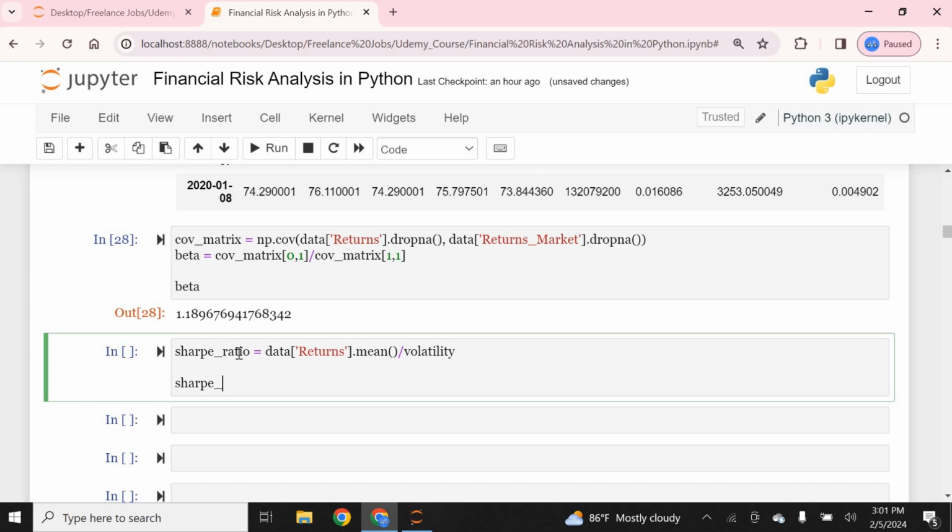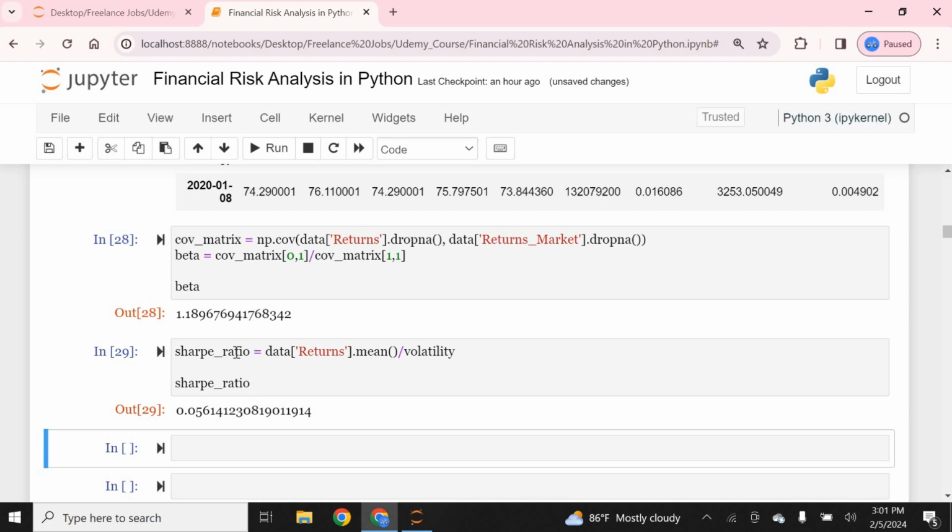So the Sharpe ratio now, let's see what we have, is about 0.05.